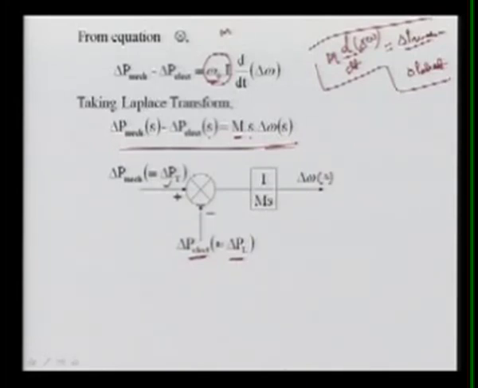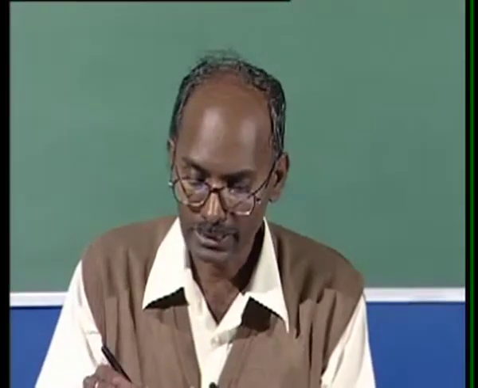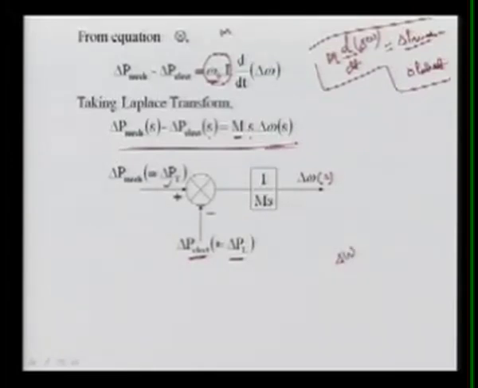We also get one relation, very carefully. The change in omega is nothing but d over dt of the change in delta.